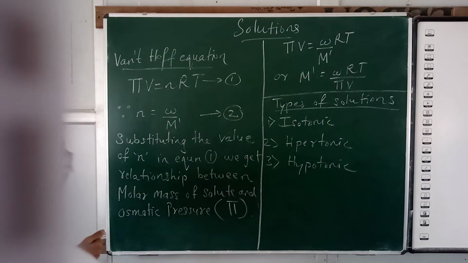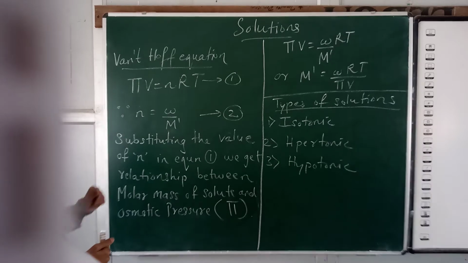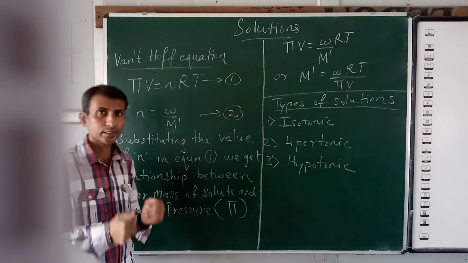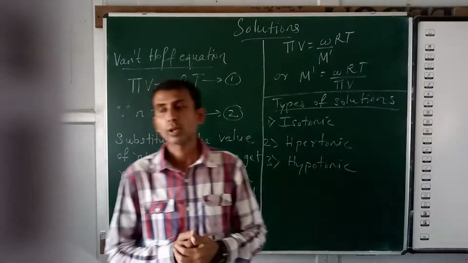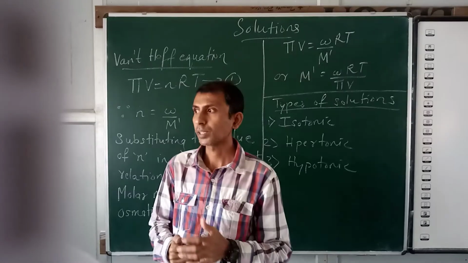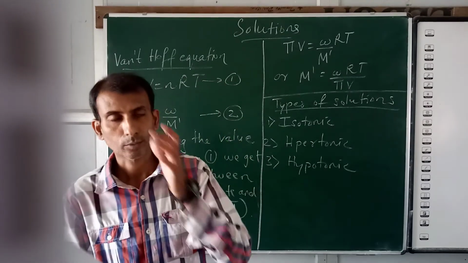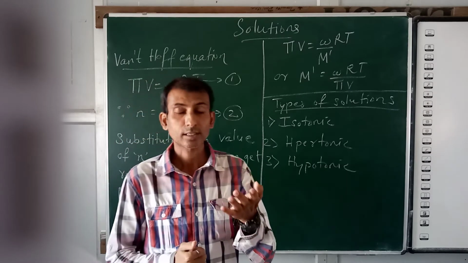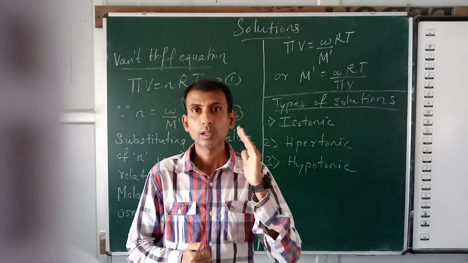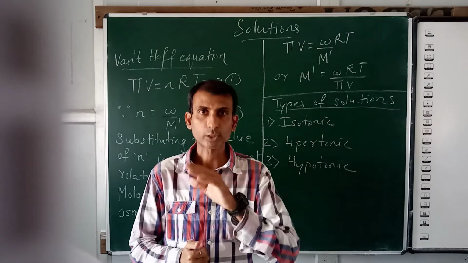Now dear students, once again coming back to the process of osmosis. In board examination, a very important question from this part: they can ask the definition of osmosis or the definition of osmotic pressure.